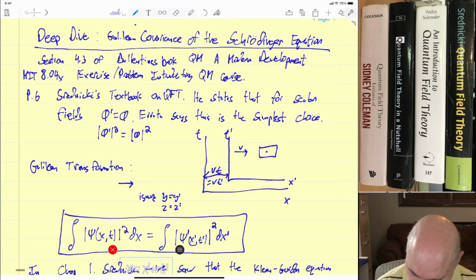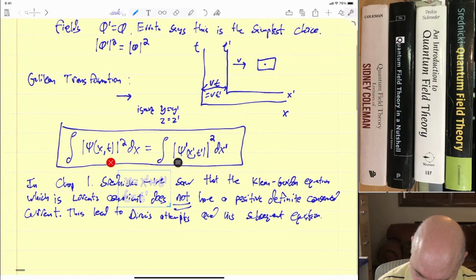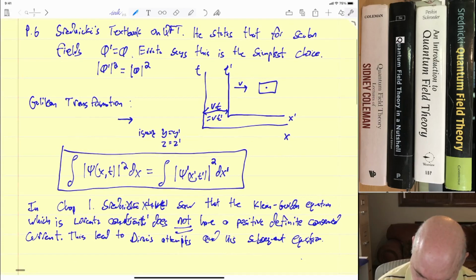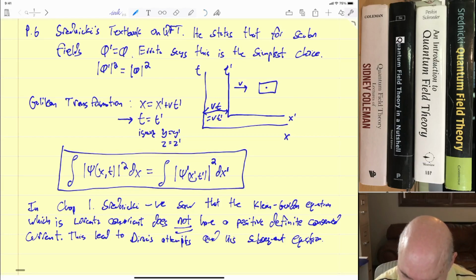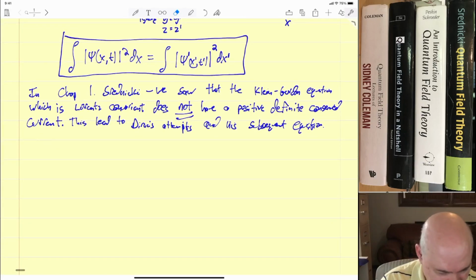All right, never mind. Okay, so I'll write it again: x prime equals x minus vt, t prime equals t.